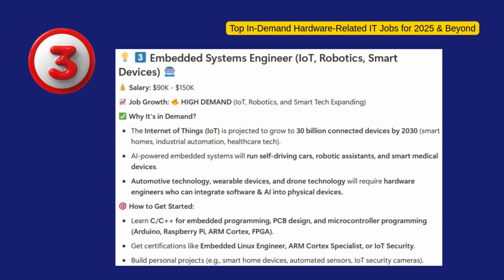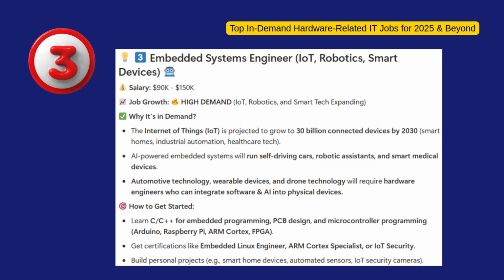Number three, embedded systems engineer. This is more of the Internet of Things, IoT, robotics, smart devices. They start off at 90K, go up to 150K, and they're in demand because IoT is projected to grow to 30 billion connected devices by 2030.